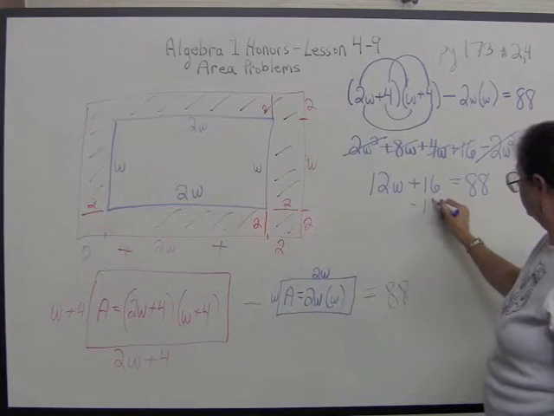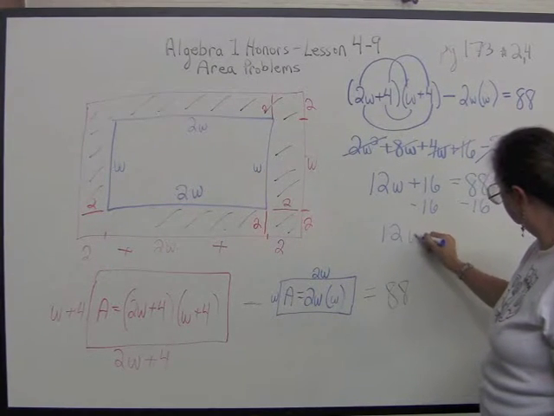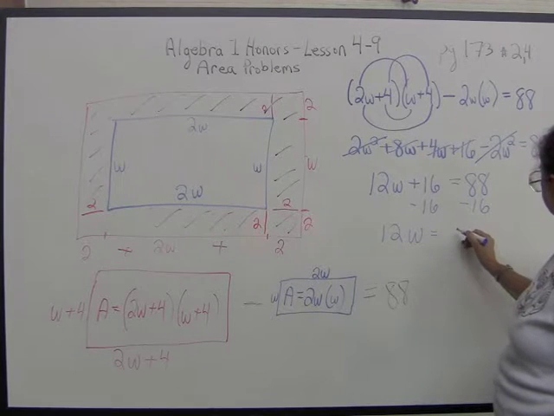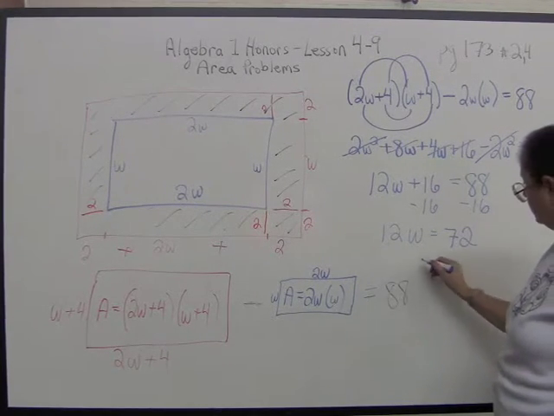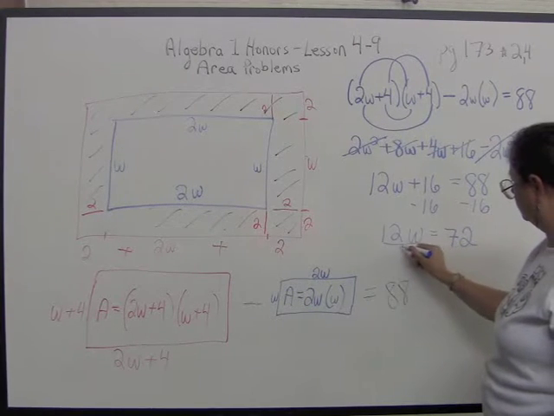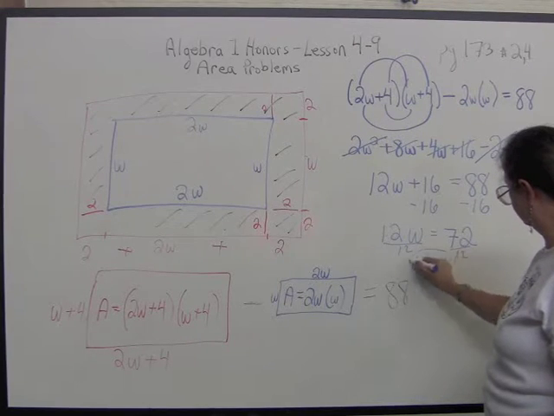Take away 16 first. 12W equals, let's see, what do we get, 72 here? And when we divide by 12, W is 6.